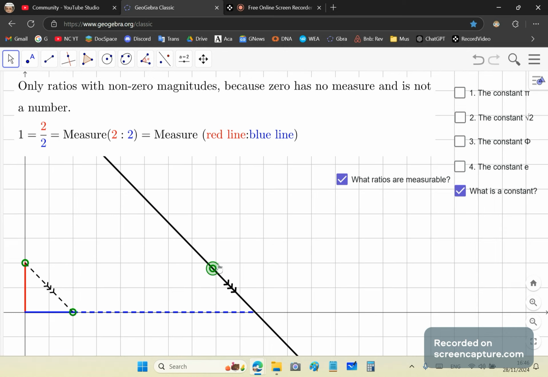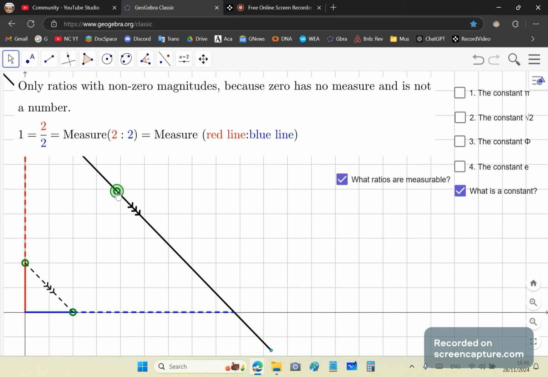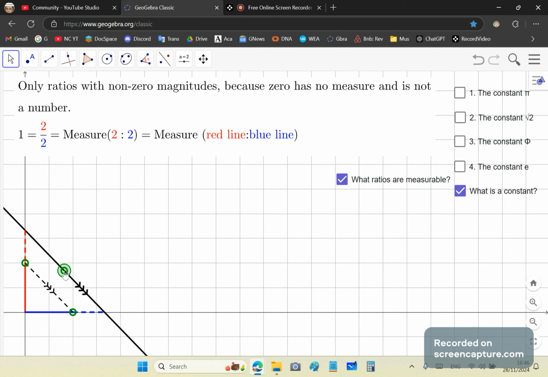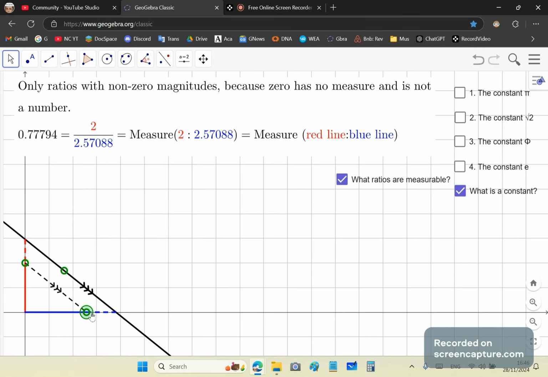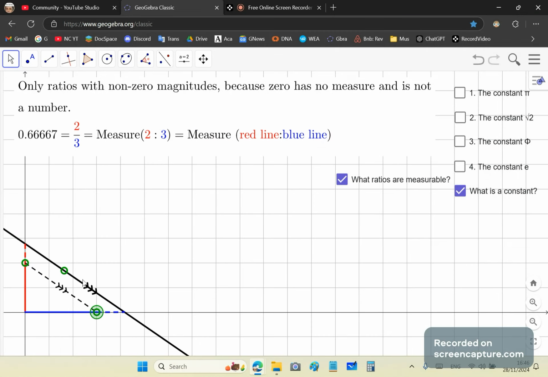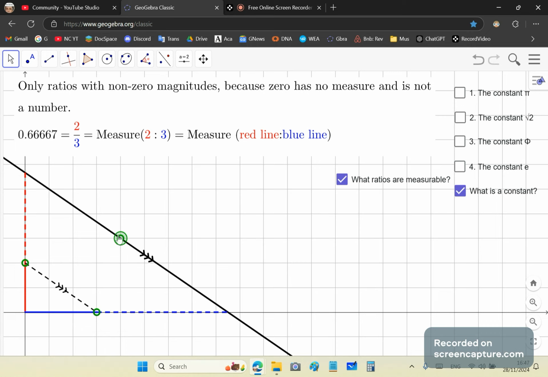There are many, many others that have the same measure. And so as long as you keep it in that ratio, then you will have the same measure. Okay, so that's 2/3. This here, this whole red line to this blue line, is also 2/3.